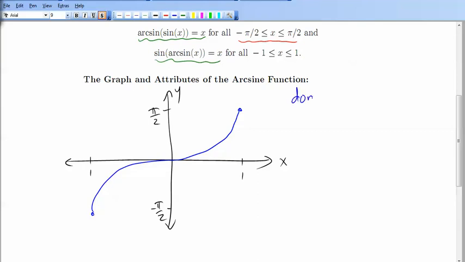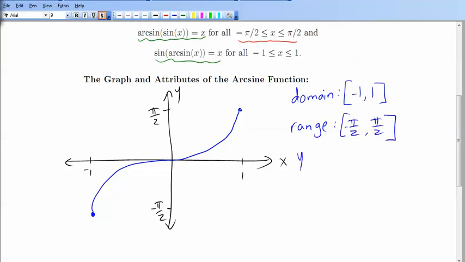So this graph does not go infinitely far in any direction. Those points here at negative 1, negative pi by 2, the graph ends right there. Or at 1, pi by 2, the graph ends right there. So my domain is from negative 1 to 1 included. My range is from negative pi by 2 to positive pi by 2 included.